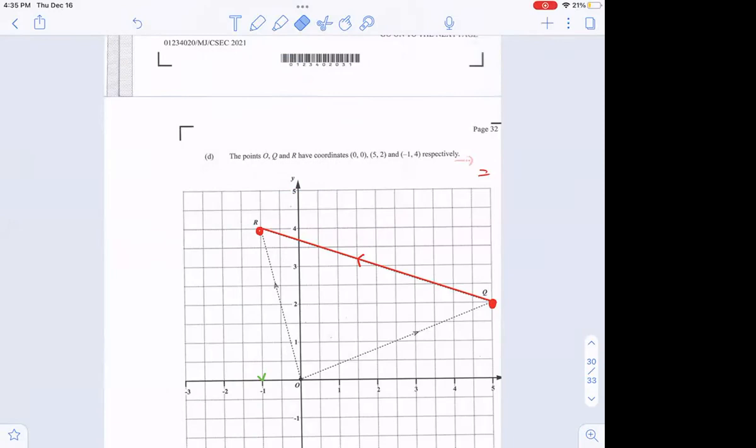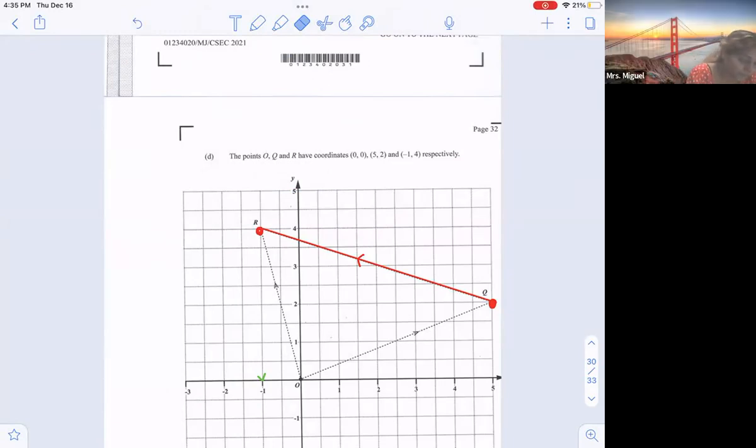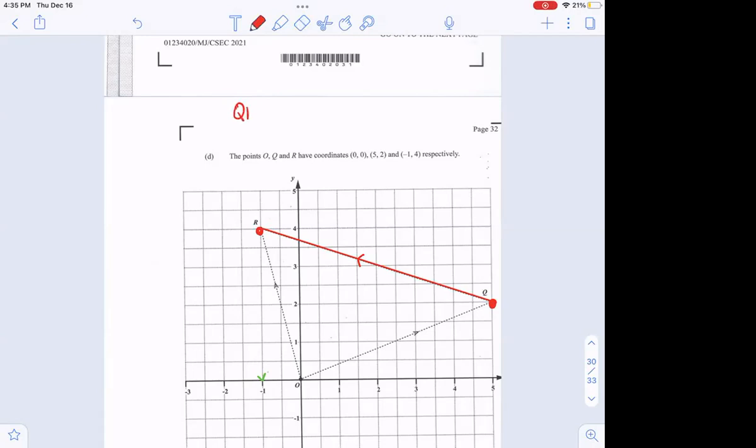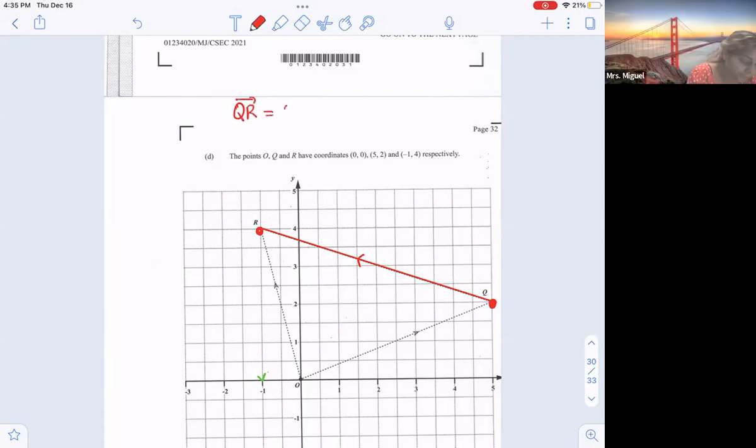You have to go from Q to O. So QR, you're going from Q to O and then from O to R. You see that? Do you all see that is the direction we must go to reach R?